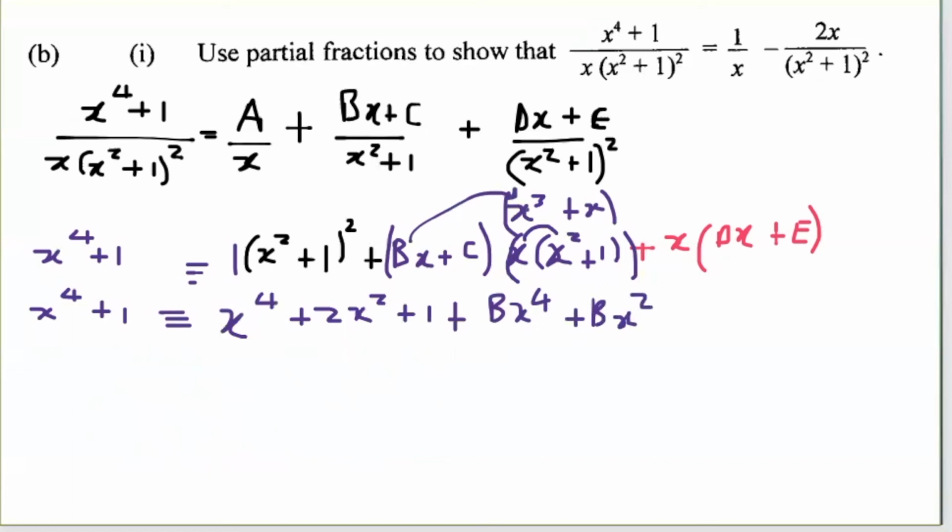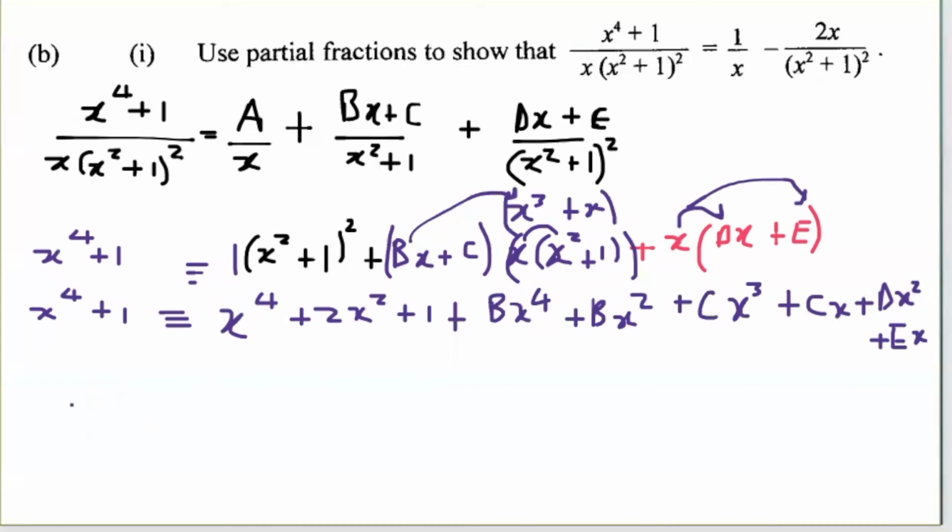Then we have c times x cubed, that's cx cubed, and c times x, that's cx. x times dx is dx squared. And x times e gives me plus ex.